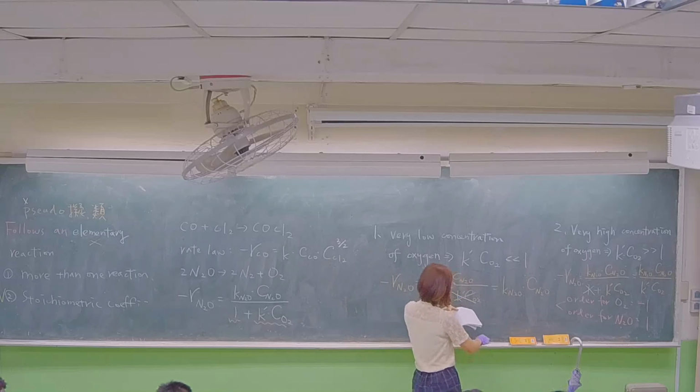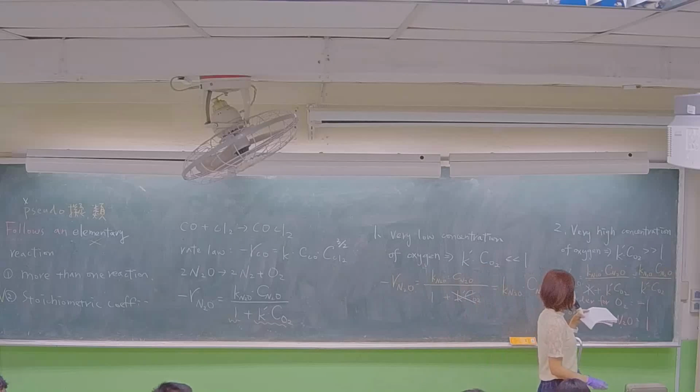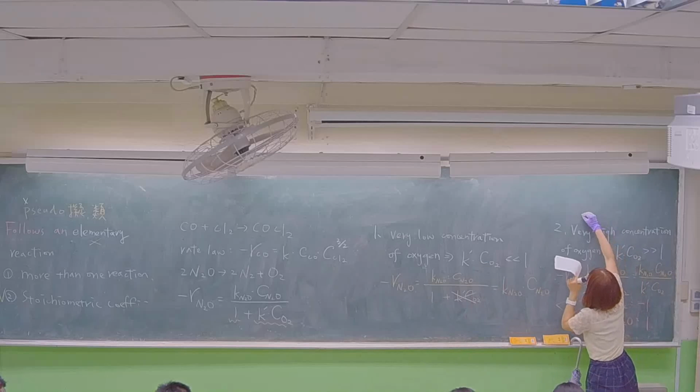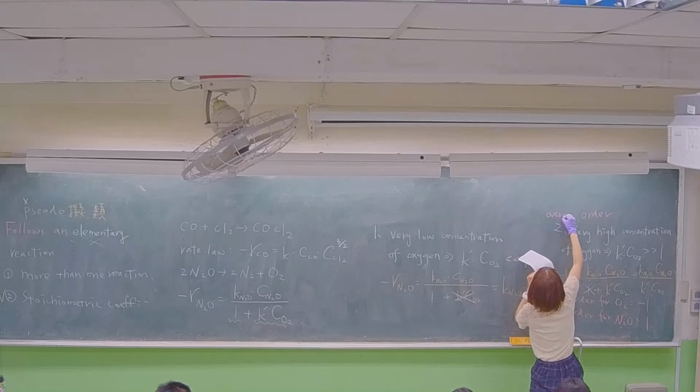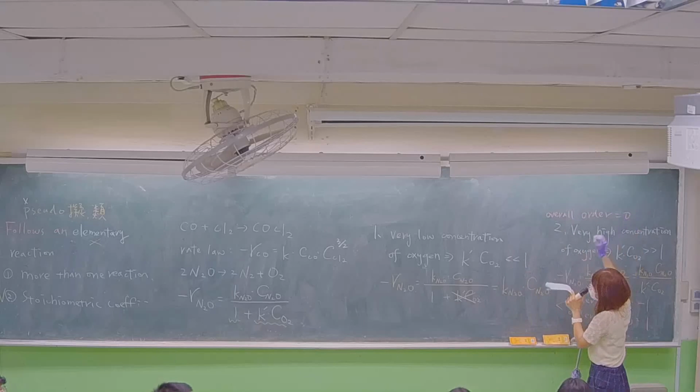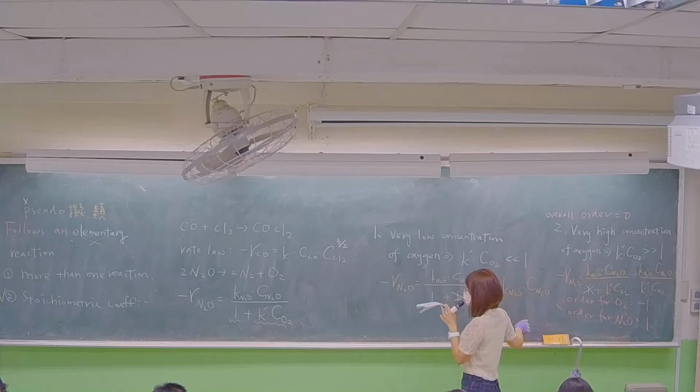The order for O2 is -1. The order for N2O is 1. So the overall order is equal to 0 for this case.